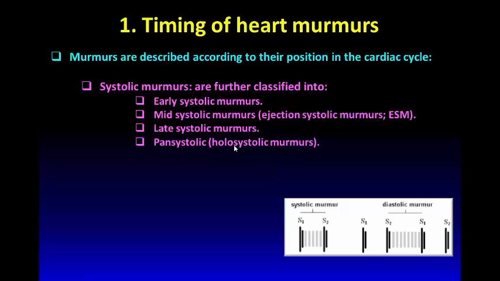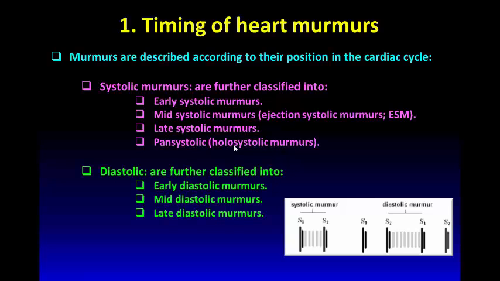Murmurs could be diastolic murmurs when they are heard during ventricular diastole. So diastolic murmurs are heard during the time interval between S2 and the subsequent S1, because this time duration coincides with ventricular diastole.